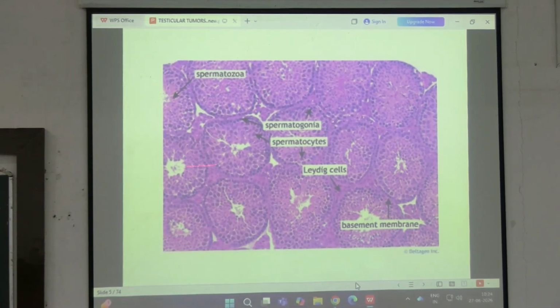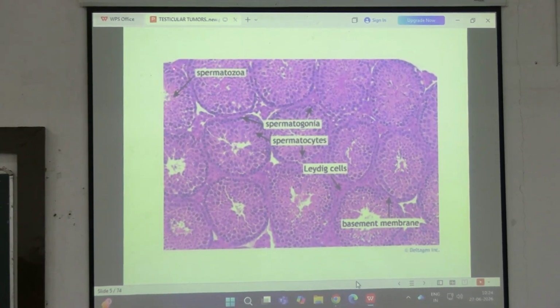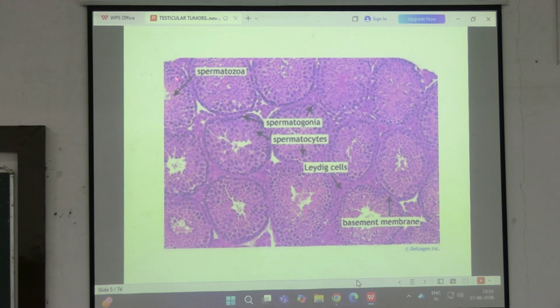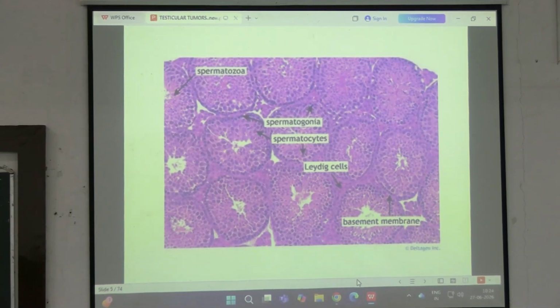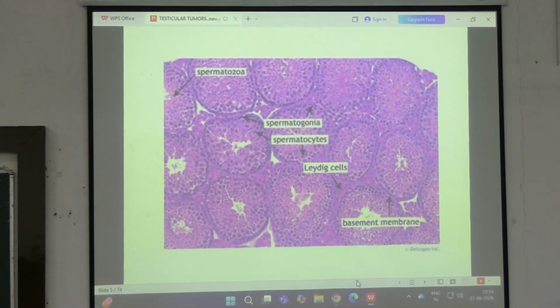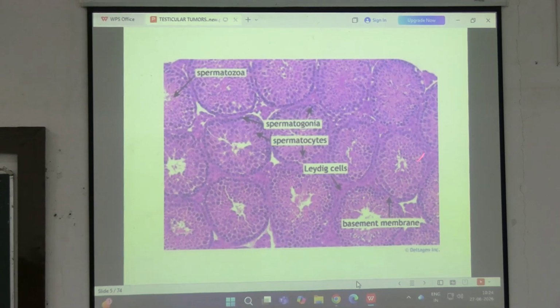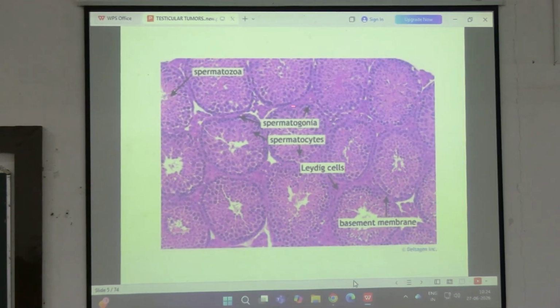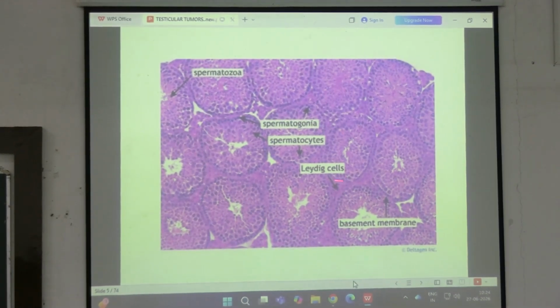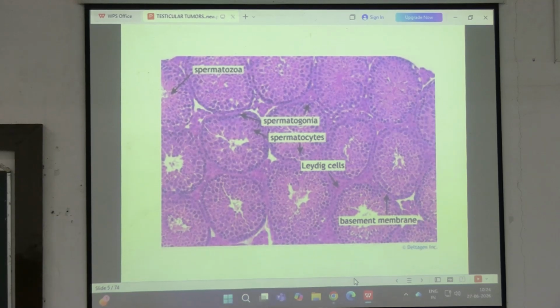So these are seminiferous tubules, and then you can see sperms in different stages of development. You can see spermatogonia, okay? You can also see, here it's not very clear, but you can also see Sertoli cells in between that help and provide nutrition for the formation of the sperms. Okay, this is the basement membrane, if you can appreciate.